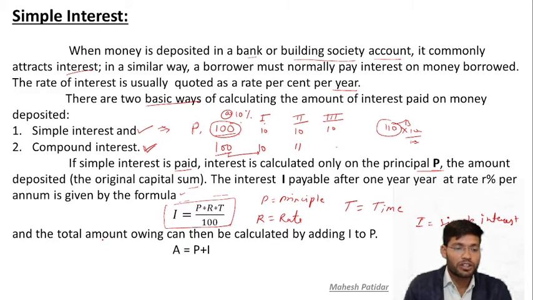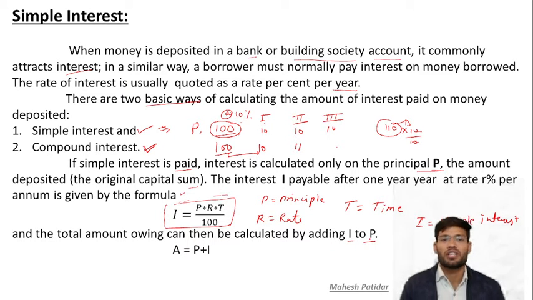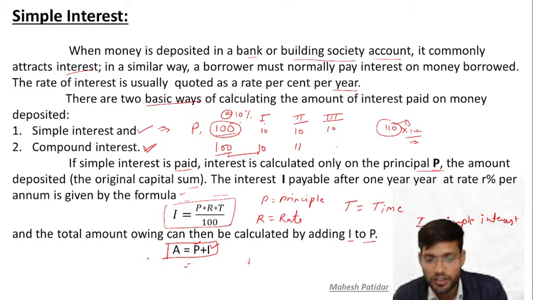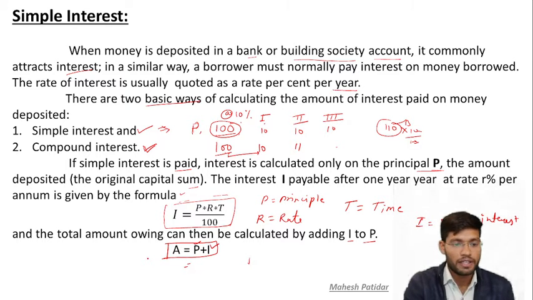And the total amount owing can be calculated by adding simple interest to principal. Simply, if you want the total amount, we use: amount equals, when we add simple interest to the basic principal, principal plus simple interest, it will become the amount. Is it clear? Okay, we will go ahead.